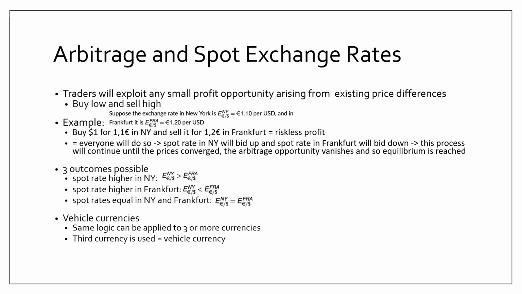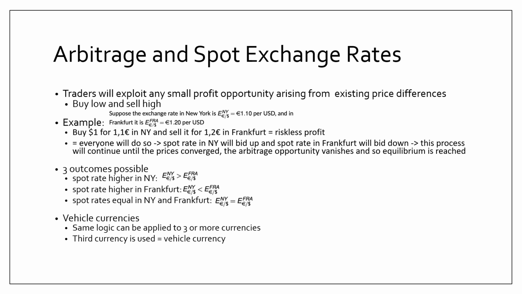Everyone will buy US dollars in New York and sell them in Frankfurt. This would bid up the spot rate in New York and bid down the spot rate in Frankfurt. This process will continue until the prices converge, the arbitrage opportunity vanishes, and so equilibrium is reached.